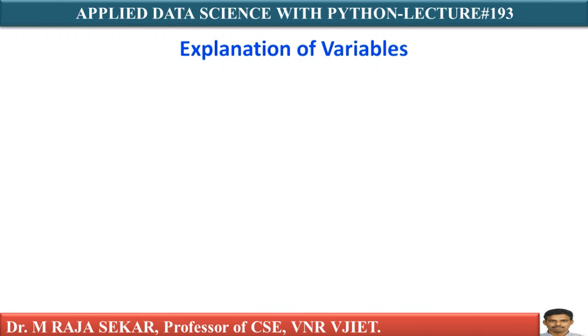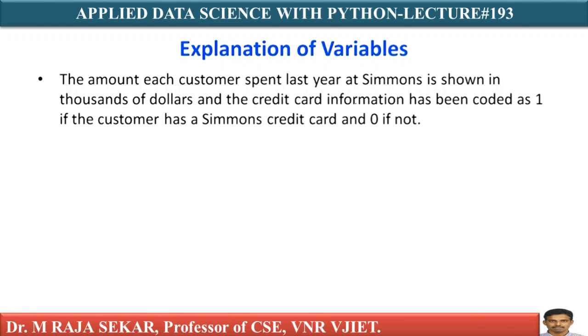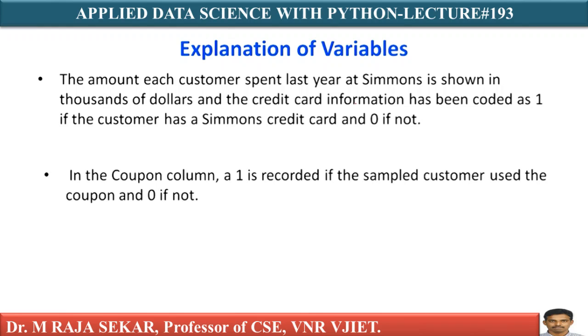Now we will go for the explanation of the variables. The amount each customer spent last year at Siemens is shown in thousands of dollars, and the credit card information has been coded as 1 if the customer has a Siemens credit card and 0 if not, isn't it? It's not a new thing. Two variables. One is how much was spent in the last year.